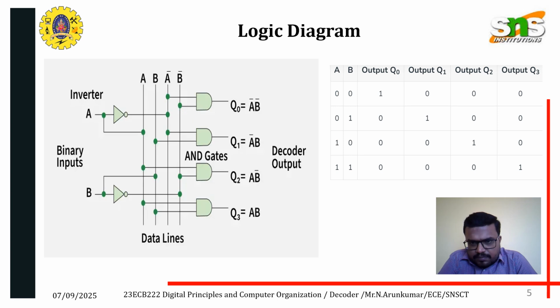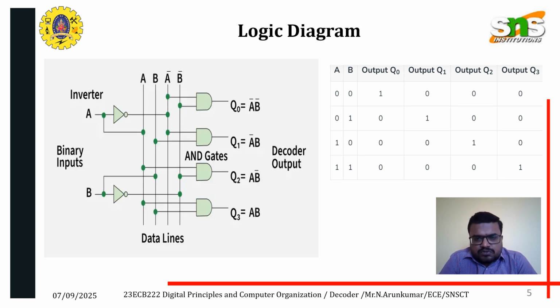Next is 1 1, where Q3 is generated: A and B are both 1, so Q3 equals A B. These are the input values for 2-bit generation.